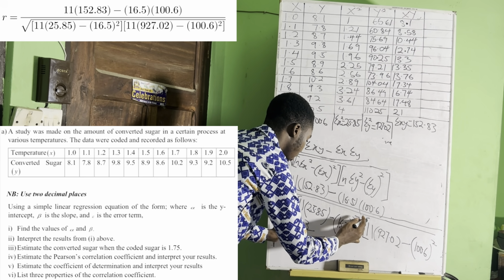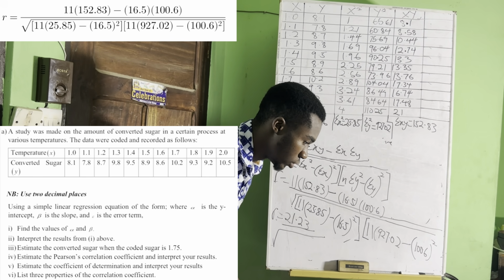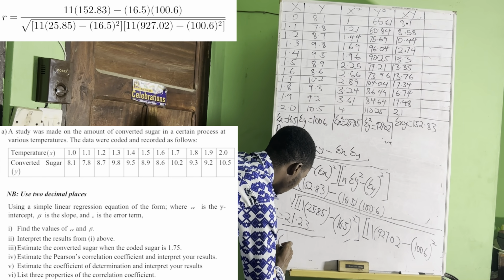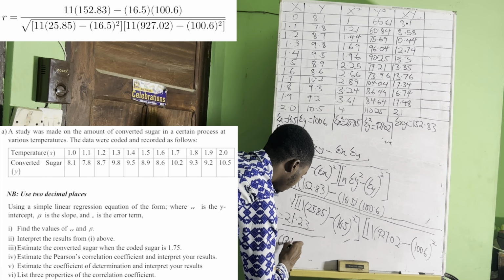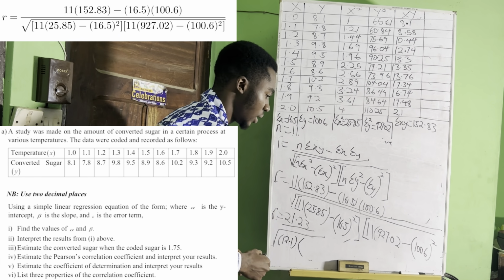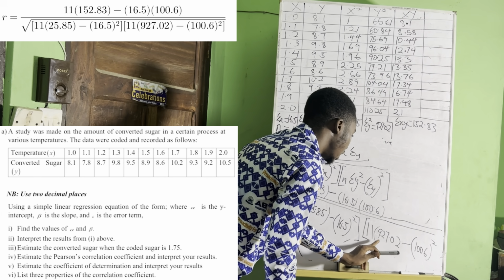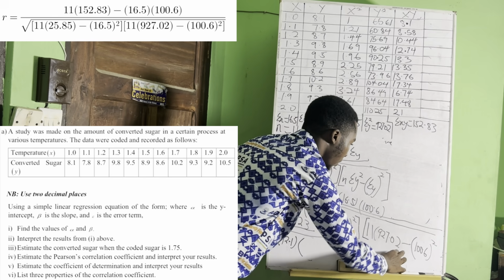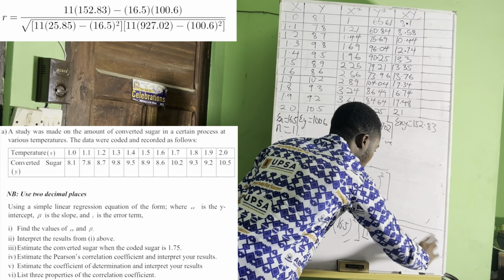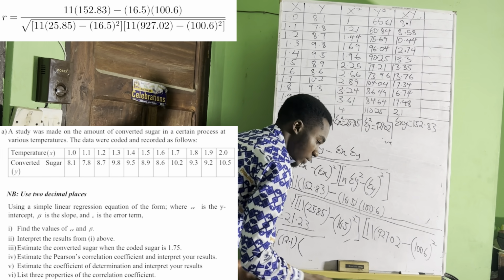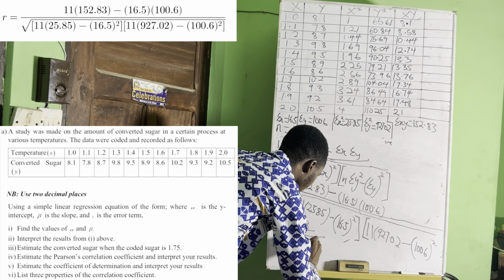So only this part should give us 12.1. So into bracket 12.1. Then close brackets. The second one from here to here, you have 11 into brackets 927.02 minus into brackets 100.6 square. So only this part should also give us 76.86.